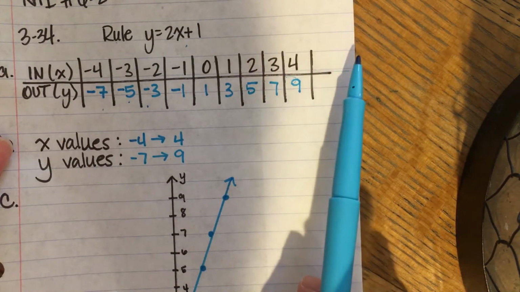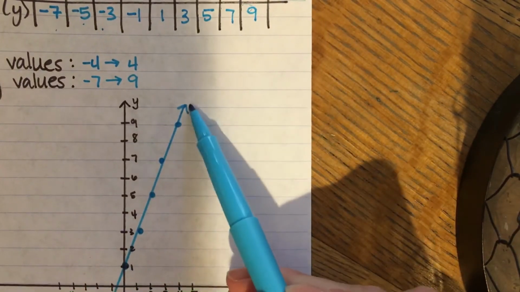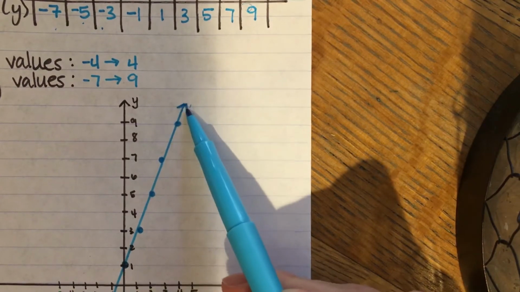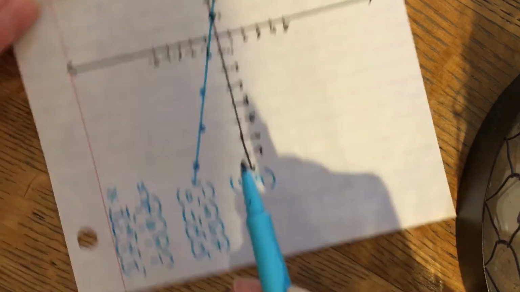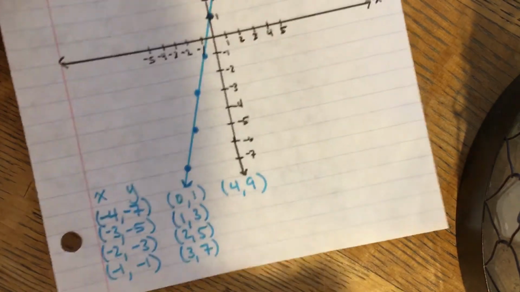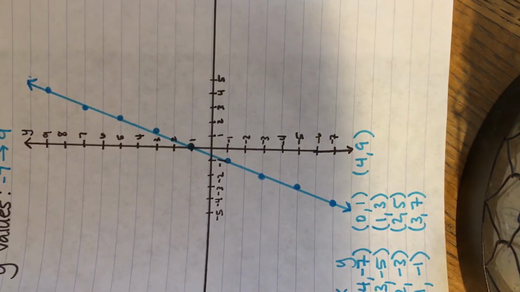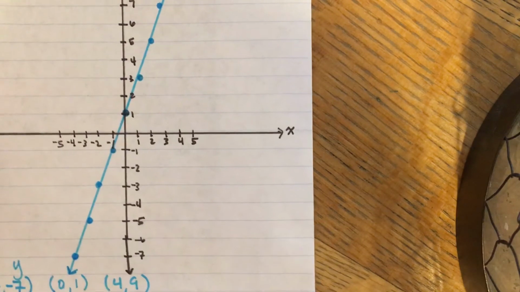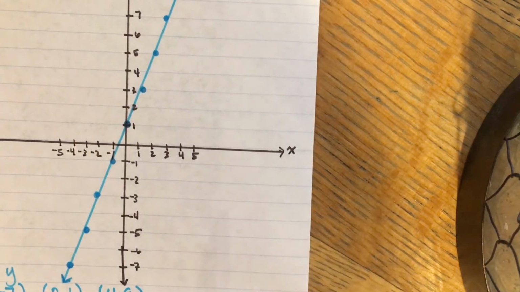It can continue on forever if I wanted it to. So when you make your graph, please put these arrows here, again, indicating that this line could continue on forever. So arrows need to be on both ends of your lines. I can't get that to fit in, so I turn it sideways real quick so you can kind of see it. But this is what your graph should look like.